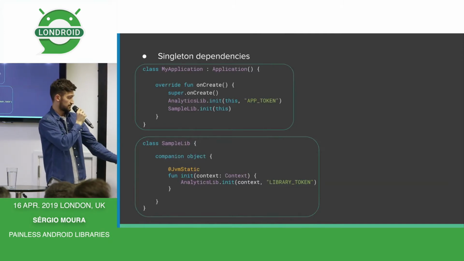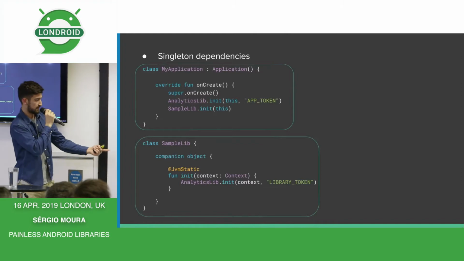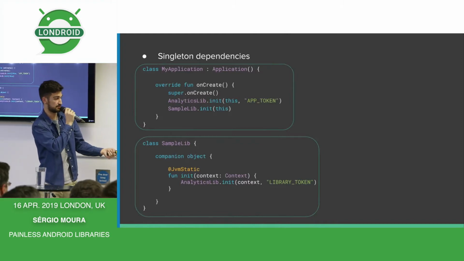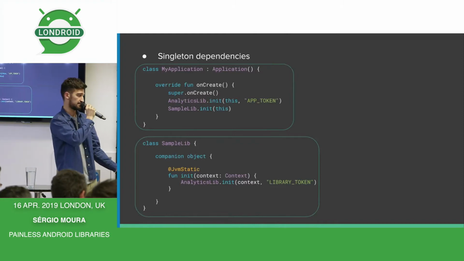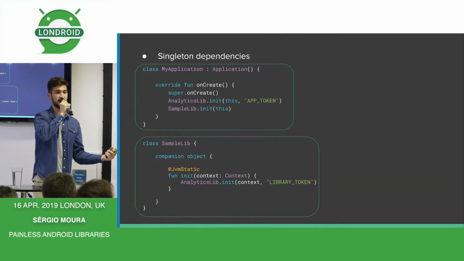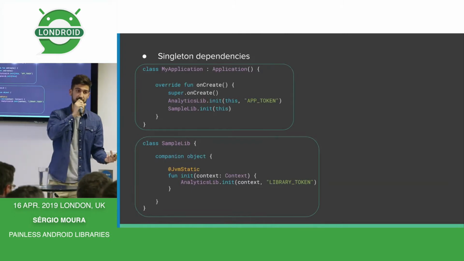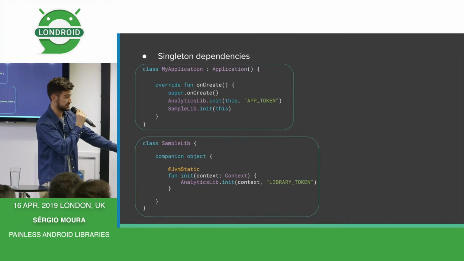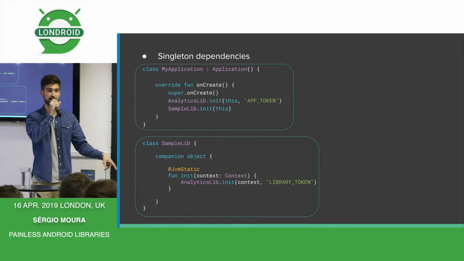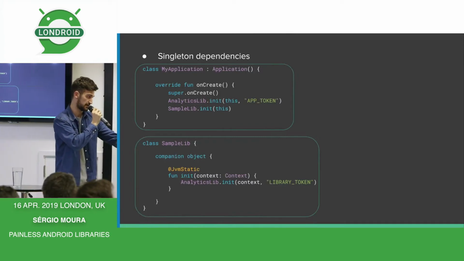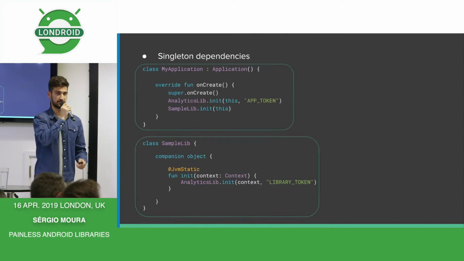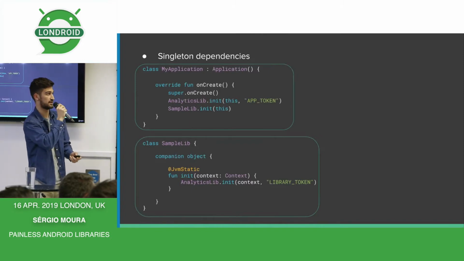And on the bottom block, we have the body of the init method, which takes the context. And surprisingly, because you use analytics as well in your library, you initialize, and you use exactly the same provider, you are initializing the same library, but with a different token, a token for your library.